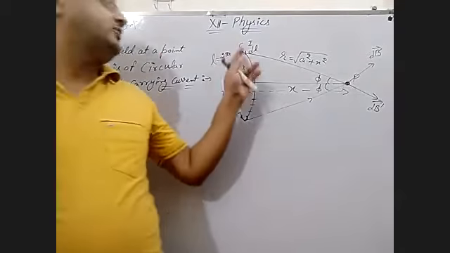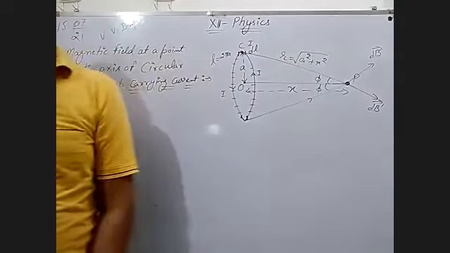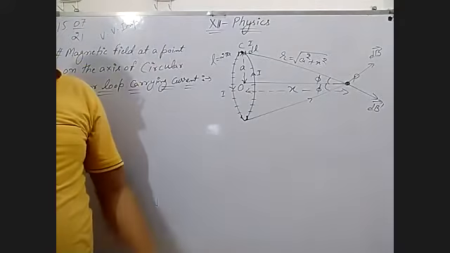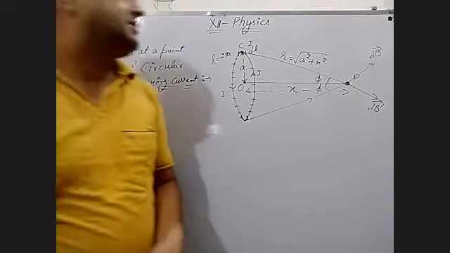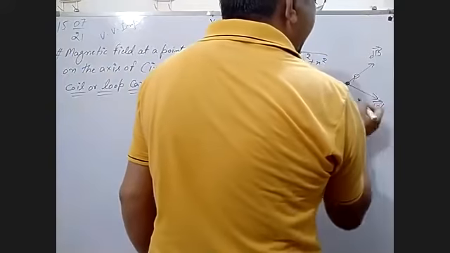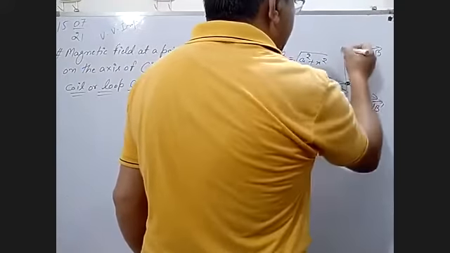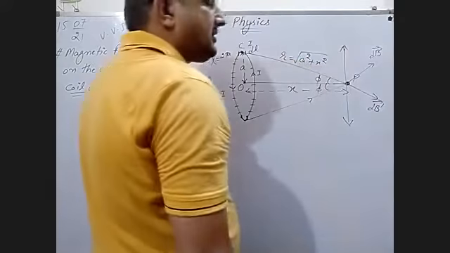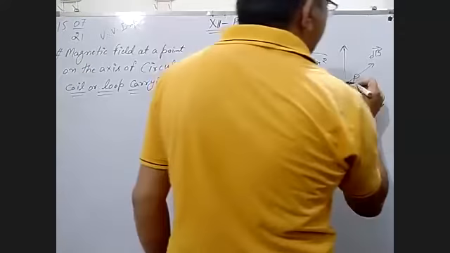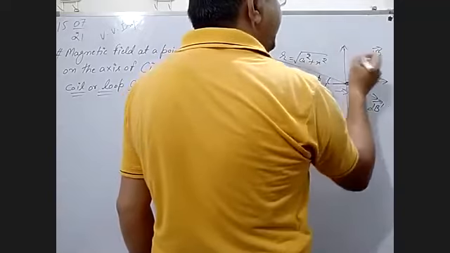But we are taking only two parts, one at the top and the other at the bottom. By this, you can see here this dB resolved into two components as learnt in plus one class. They have two components, one along the x-axis, the other along the y-axis.